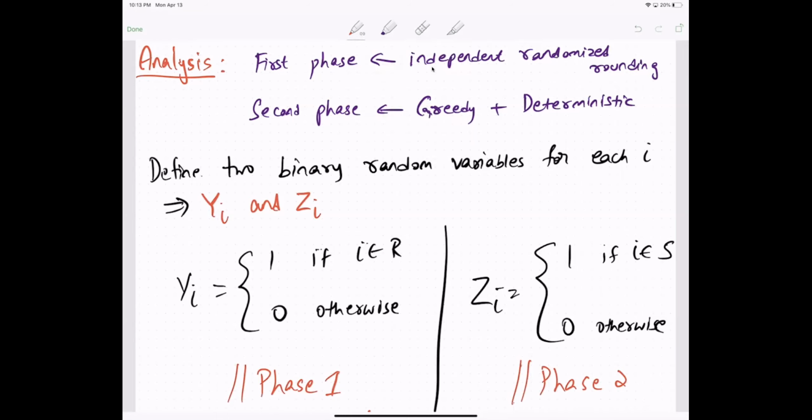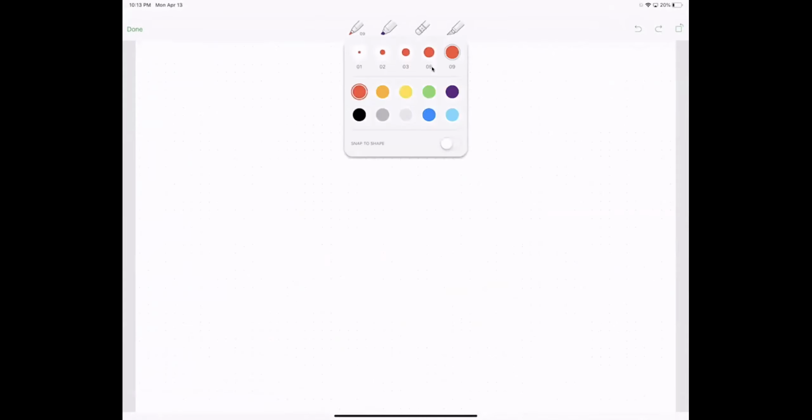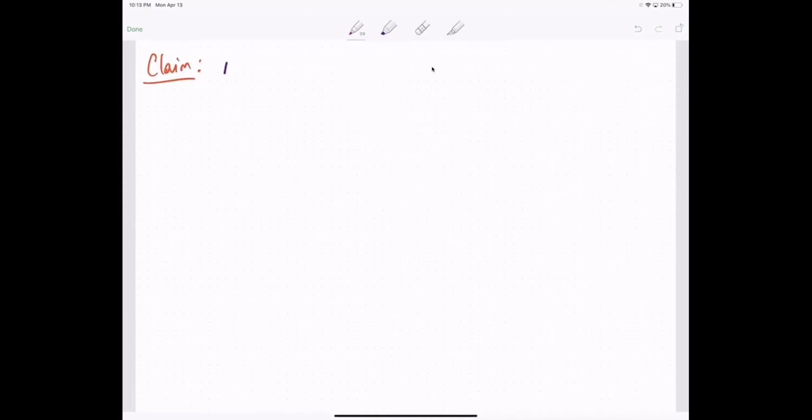Okay. So now let's write down some simple observations based on these new variables that we have defined. By linearity of expectation, I'm claiming that the expected weight of this set S will be the sum from i equal to 1 to n of wi times the expected value of zi.